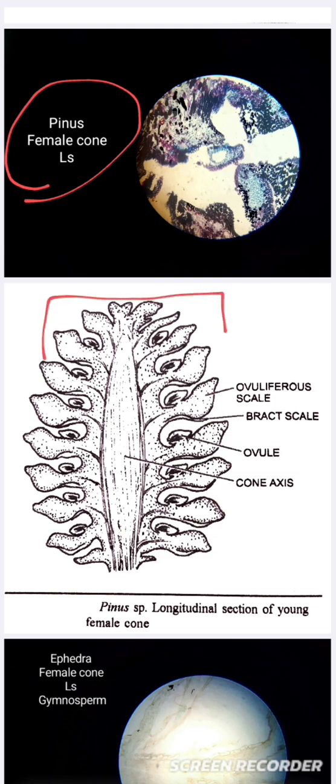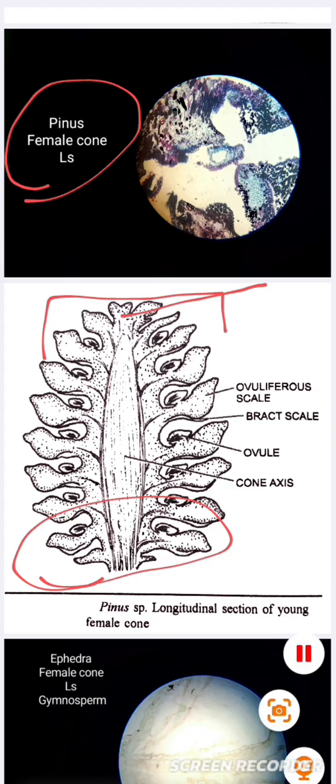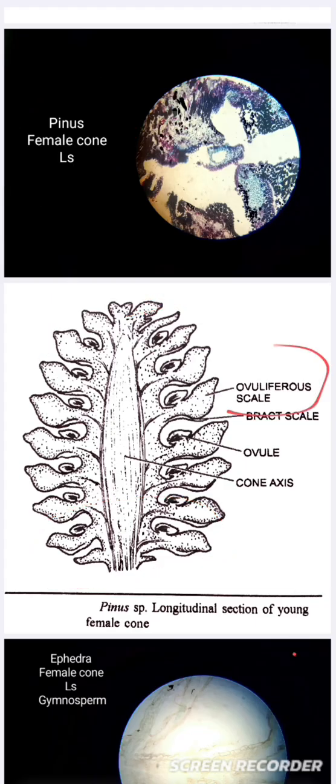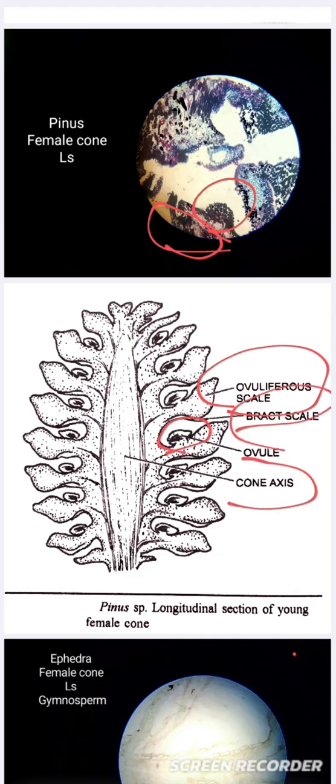That means the younger ones are at the apex while the older ones are at the base. The female cone bears ovuliferous scales which bear the ovules. It also bears bract scales which are in contact with the cone axis.